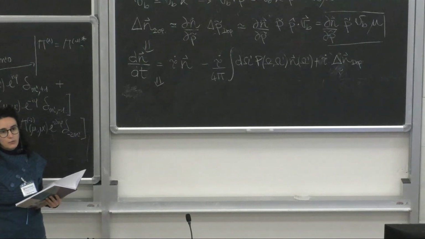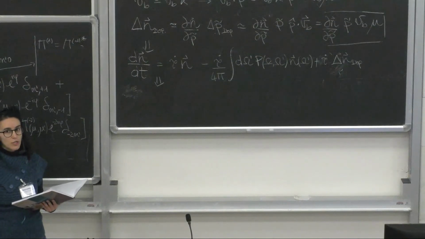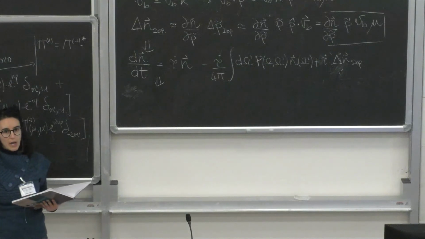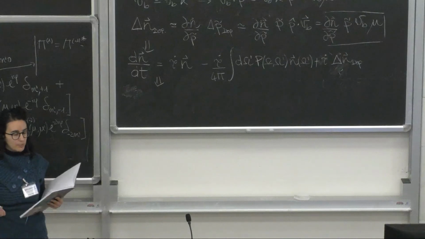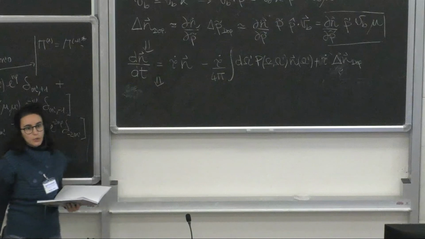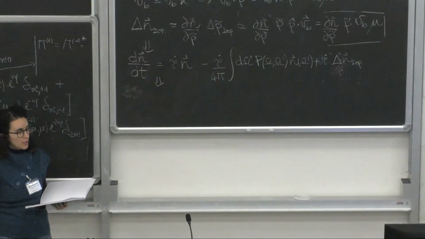So similarly to what we did for the distribution function that was expanded as the sum of the equilibrium distribution plus a small perturbation around the equilibrium distribution, we can do the same for the n vector that we use to describe the CMB field.